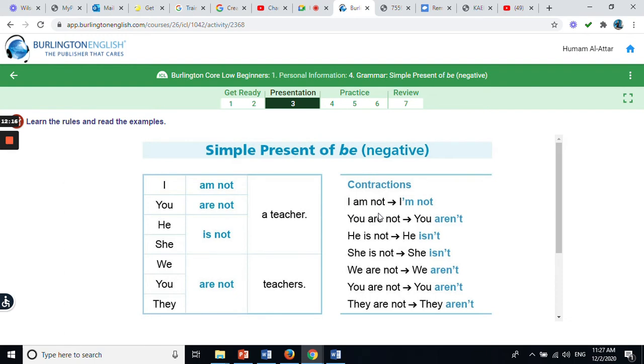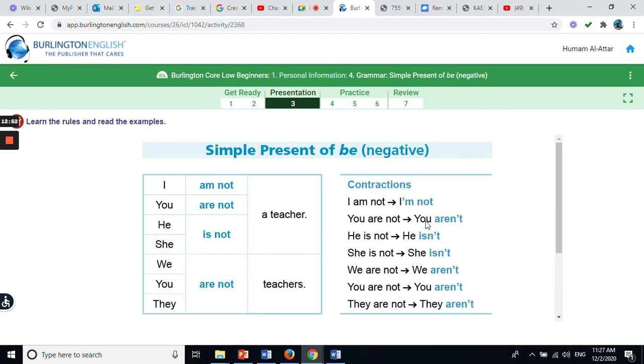Now with the contractions, contractions means make these three words into two words or one word. Okay? It depends. So with I am not, it will become I'm not. I'm not. Okay? We don't say I amn't. No, this is wrong. We only say I'm not.